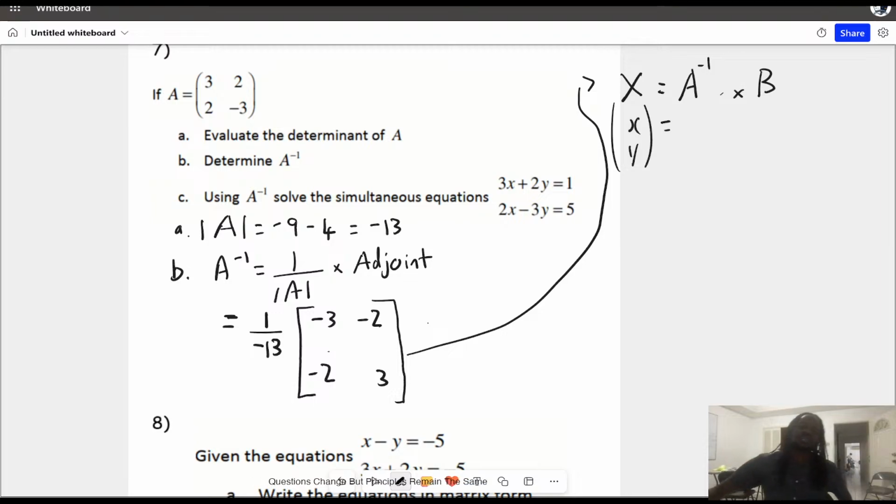A inverse is 1 over negative 13, and then we multiply that by the adjoint: negative 3, negative 2, negative 2, positive 3.